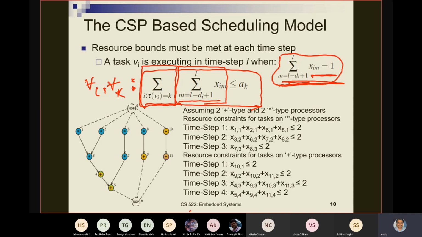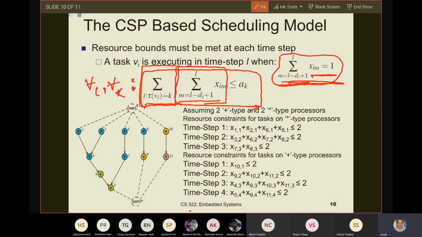Now, the homogeneous multiprocessor scheduling problem can easily be derived from what we have written. There, K is just one type of processor. So for that, if you modify the resource constraint a bit, AK will then represent the total number of homogeneous processors you have. That means 8. You have an 8 core CPU, all cores are of the same type, general purpose processor. Then AK will become 8, and K will only have one value.